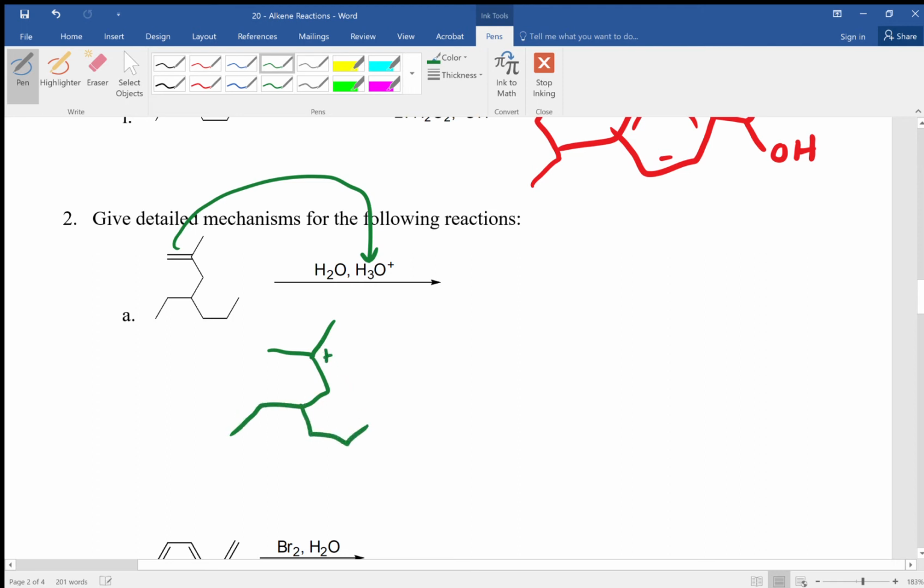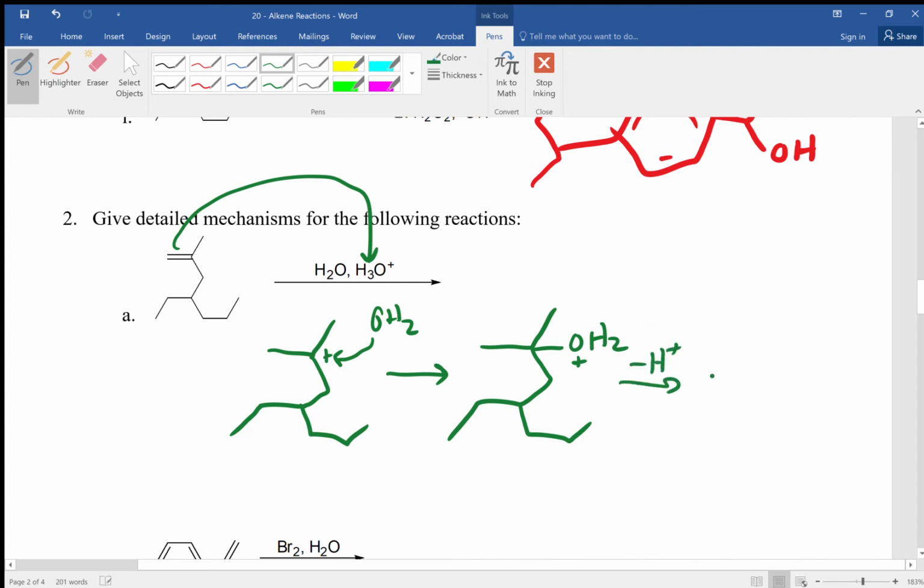That gives us the more substituted carbocation. Water is able to attack that. And then we lose a hydrogen to get to the product.